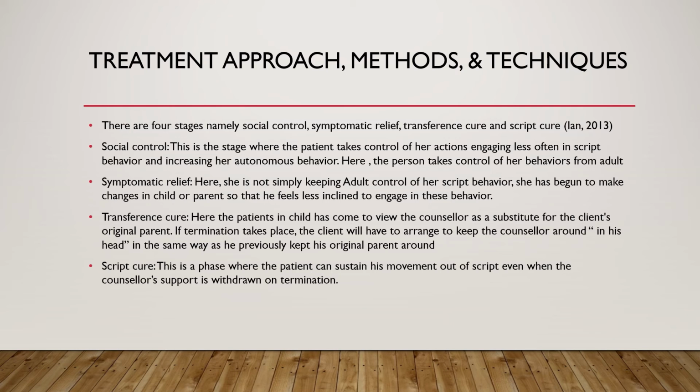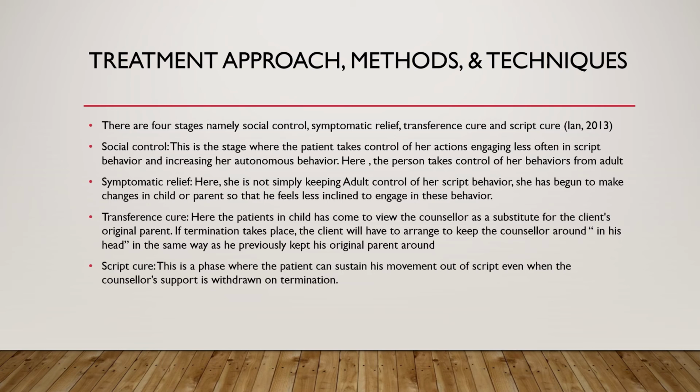The next one is symptomatic relief, where she's not simply keeping her script behavior under control. She also begins to make changes in child or parent so that she feels less inclined to engage in this behavior.